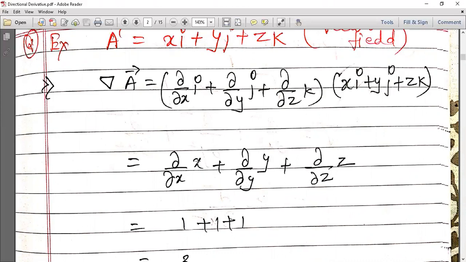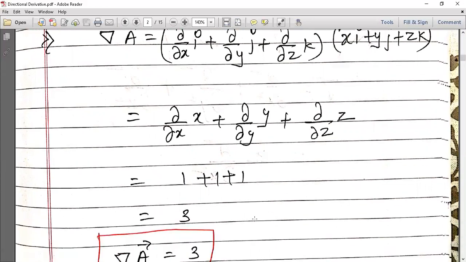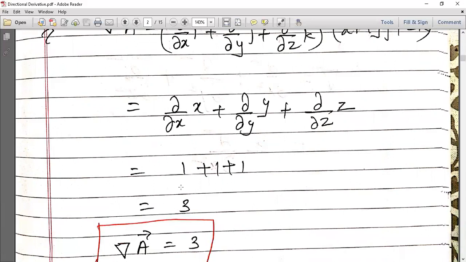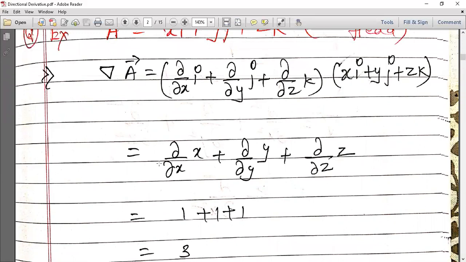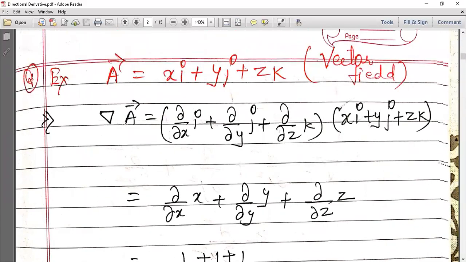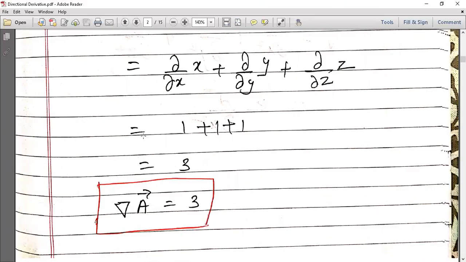Now when we differentiate partially with respect to x, the partial derivative of x is 1, of y is 1, and of z is 1. So the sum of these values is 3. The conclusion is, when we apply the del operator to a vector field, the result is a scalar.